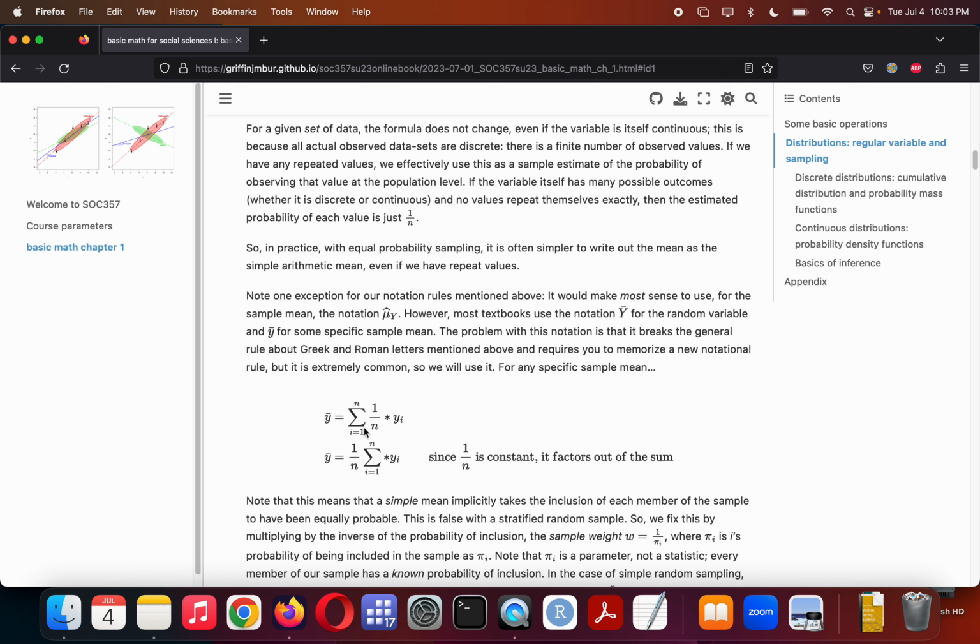So it's an estimate of the probability. We would say in this case there's a 2% chance you'd observe a 10, but if all of that is a little bit too much, you can just think about it as this sample formula here. So we're just summing up all the values and then taking the mean.